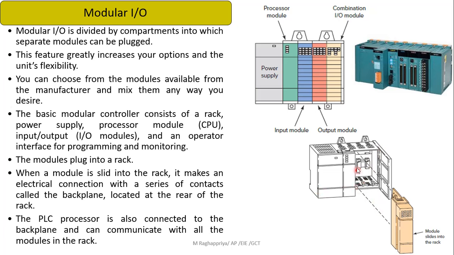When the module slides into the rack, you can see at the back side there are electrical connections. Once the module is fixed here, through that back plane all the elements will be connected. The PLC processor is also connected to the back plane and can communicate with the modules in the rack. The moment a module gets attached to the rack, it can communicate with all these things.